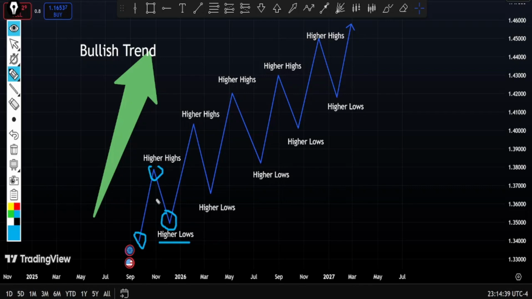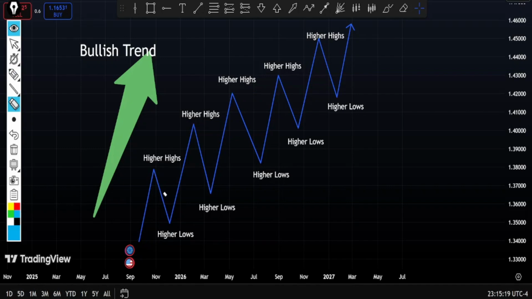This high is higher than this high, and this high is higher than this high. Essentially, these here are higher highs in a bullish trend.